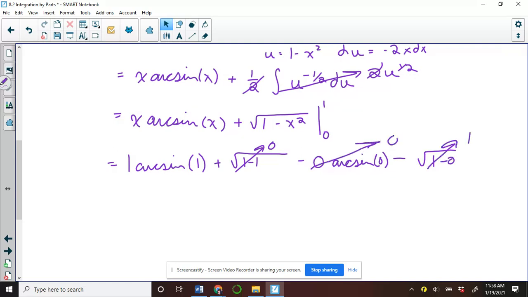This goes to 0. Arc sine of 1, sine is equal to 1 at pi over 2. Therefore, arc sine of 1 is pi over 2. 1 times pi over 2 is pi over 2. And then we have minus 1.